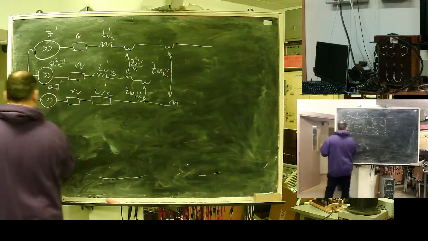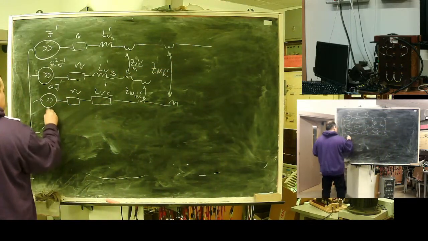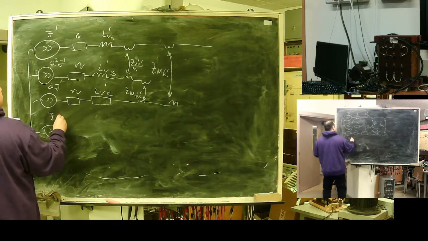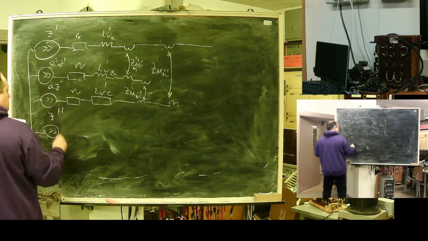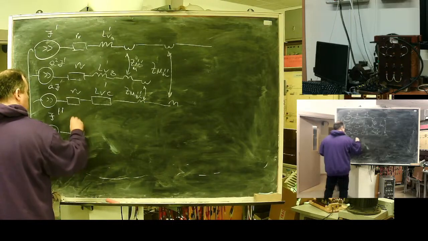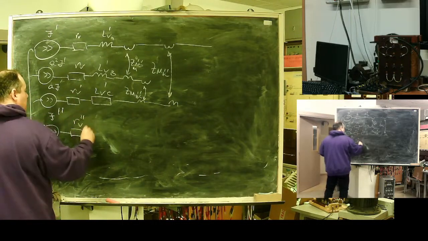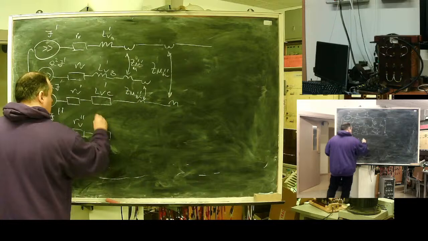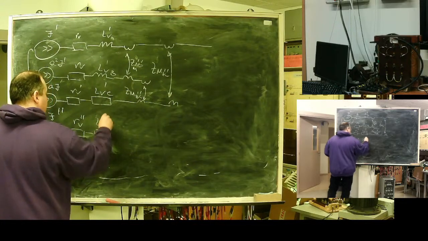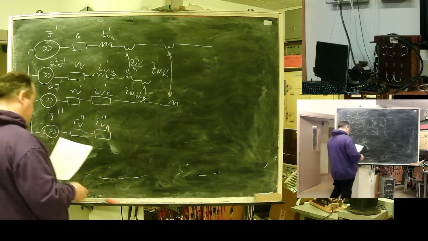Here for the second line will be its current source, and IRA for the second line.